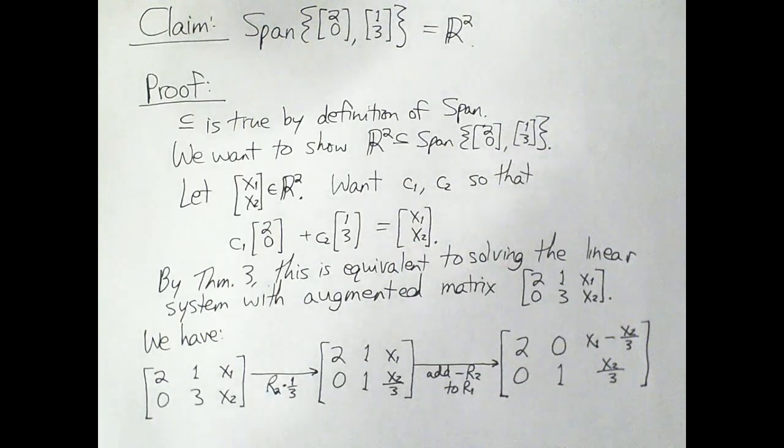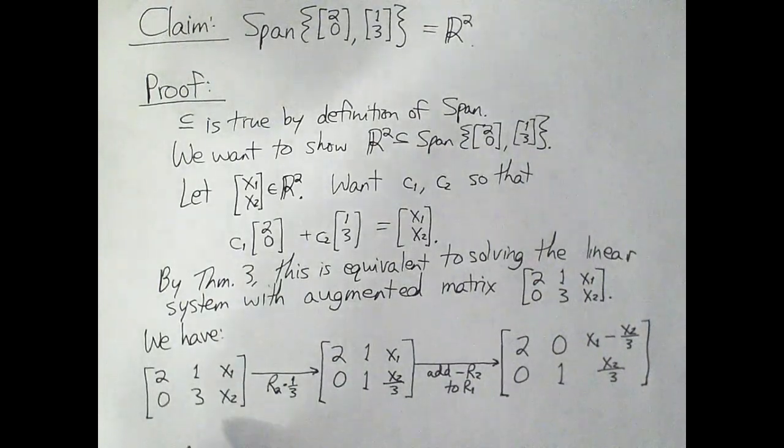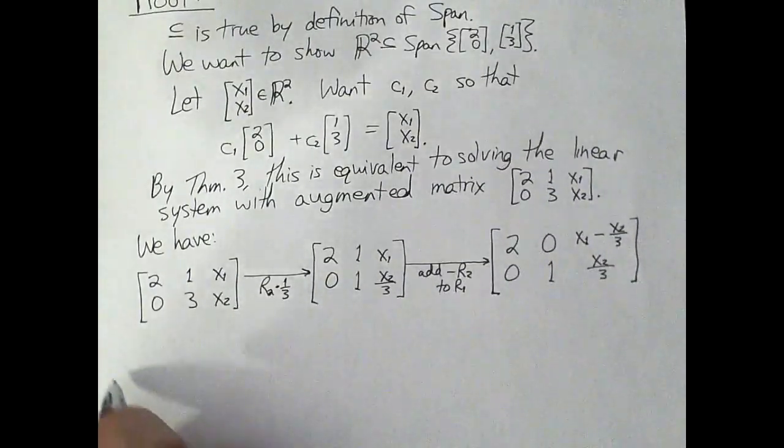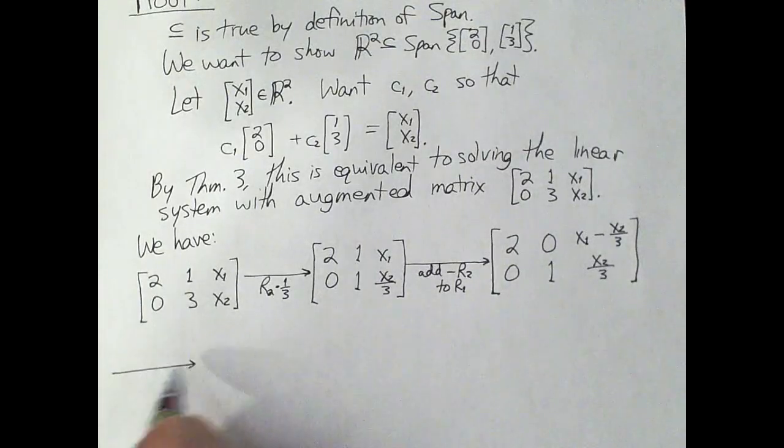I think we're one step away from having this in reduced row echelon form. Reduced row echelon form says that the pivots, the leading entries, need to be ones, and then there need to be nothing but zeros above and below them. There's a 2 here. I don't like that 2, so I'm going to multiply R1 by 1/2.